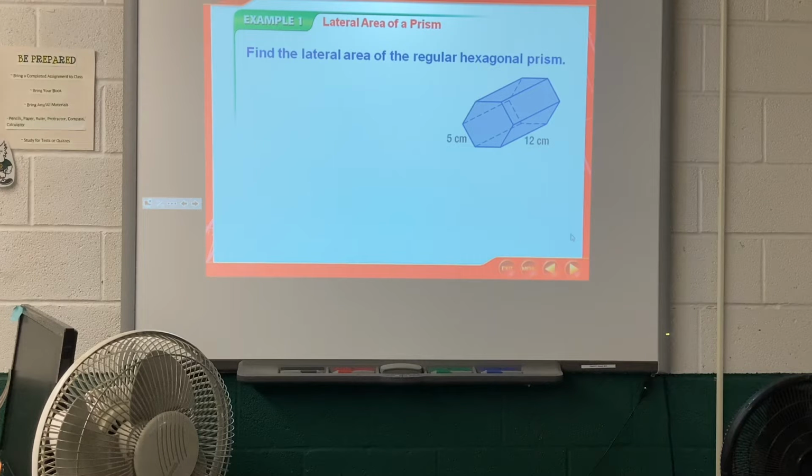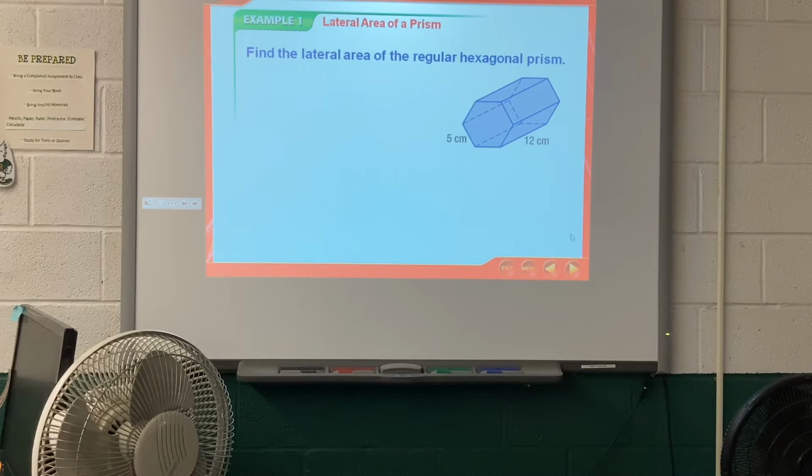Okay, so find the lateral area of my regular hexagonal prism. What is my base? The hexagons, right? So what is the perimeter of my base? 6 sides at 5 centimeters each gives me 30.